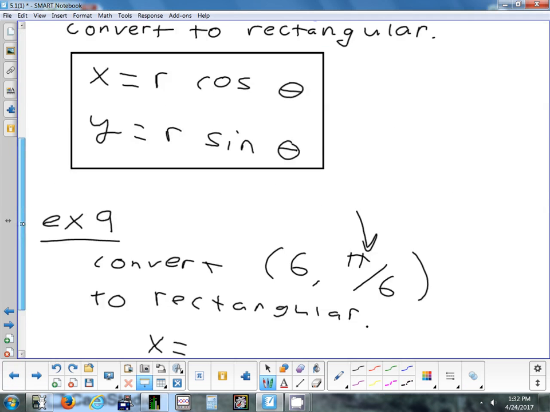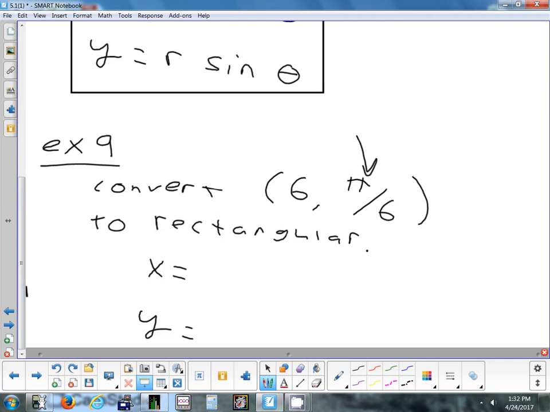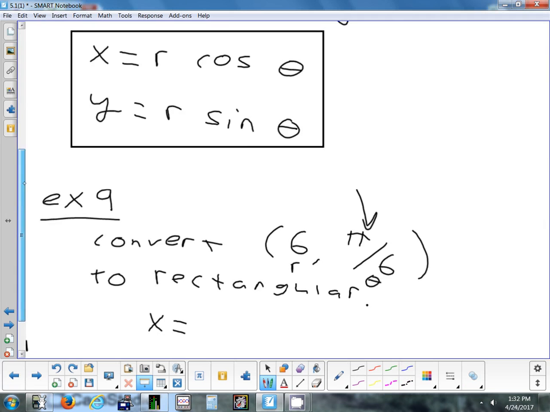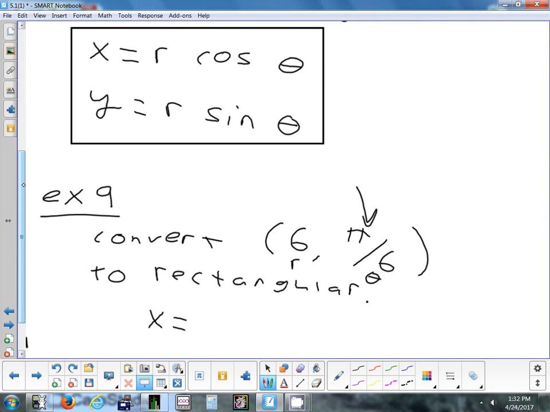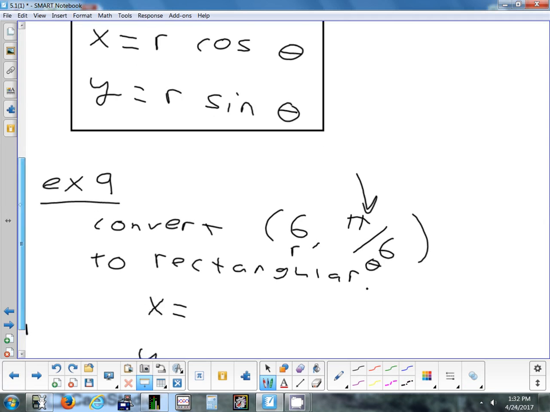All right, so x is r cosine theta. So Dylan, if I fill in r and theta in my problem into that formula, what will my equation say for x? Just filling it in, and we'll put it in the calculator together.